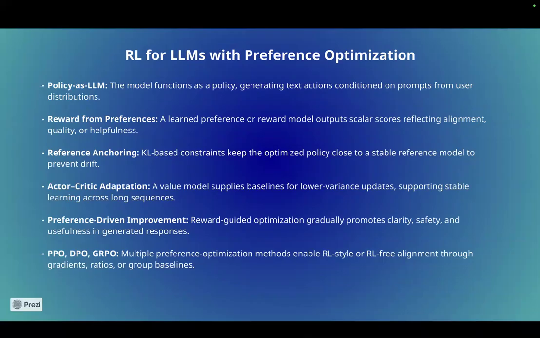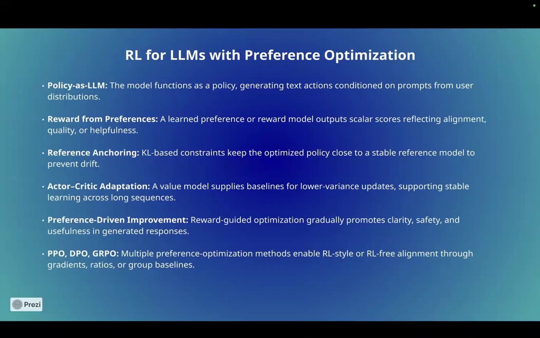So in this case, like I was mentioning earlier, the policy model is your main LLM. The model function is your policy. And what you're doing is you're basically training a reward model, say if you're using proximal policy optimization, PPO. This was an algorithm proposed by OpenAI in 2017 by John Schulman and others.